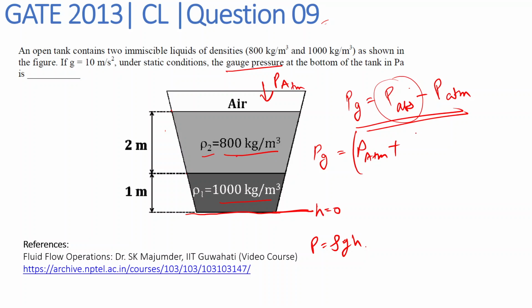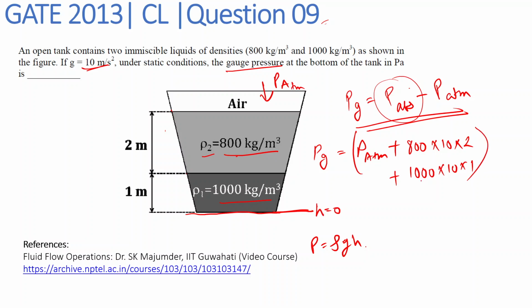So since the density is 800, you can write it as 800. g we have been given in question as 10 meter per second square, and the height is 2 meter. For the fluid with density ρ1, we can write this as 1000 into 10 into 1.